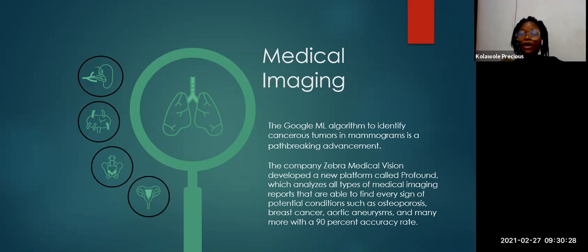Also, we have a company called Zebra Medical Vision, and this company was able to develop a platform called Profound. This Profound platform is capable of analyzing all types of medical imaging. It can detect every sign of potential conditions, like breast cancer, different types of cancer, or osteoporosis.